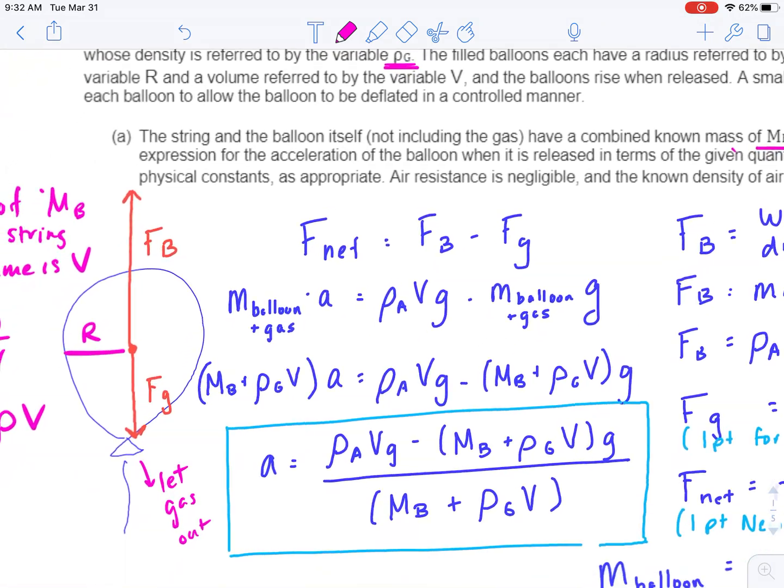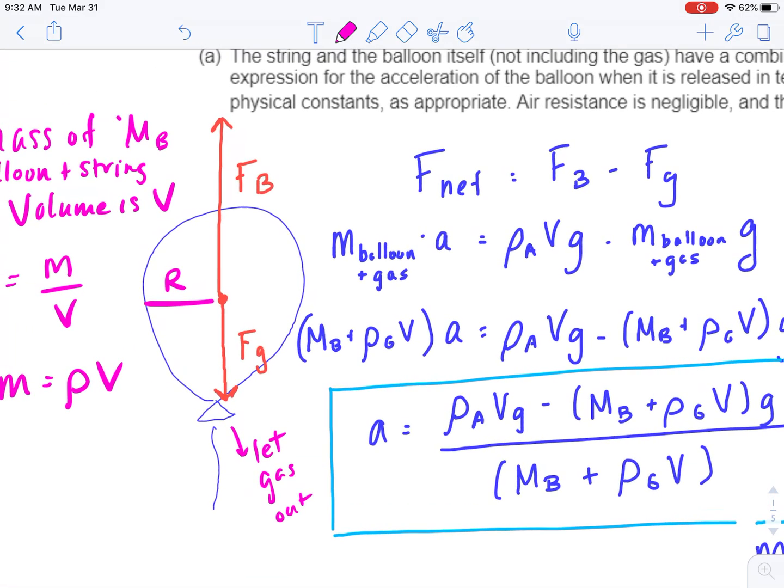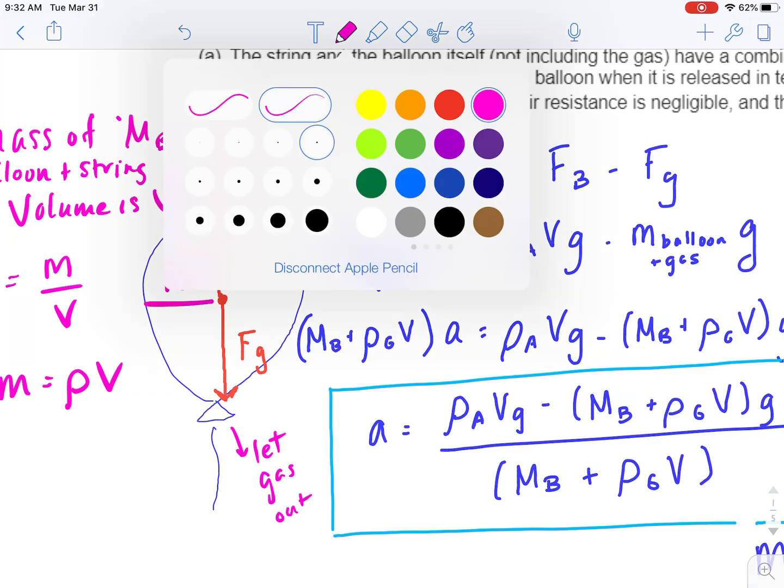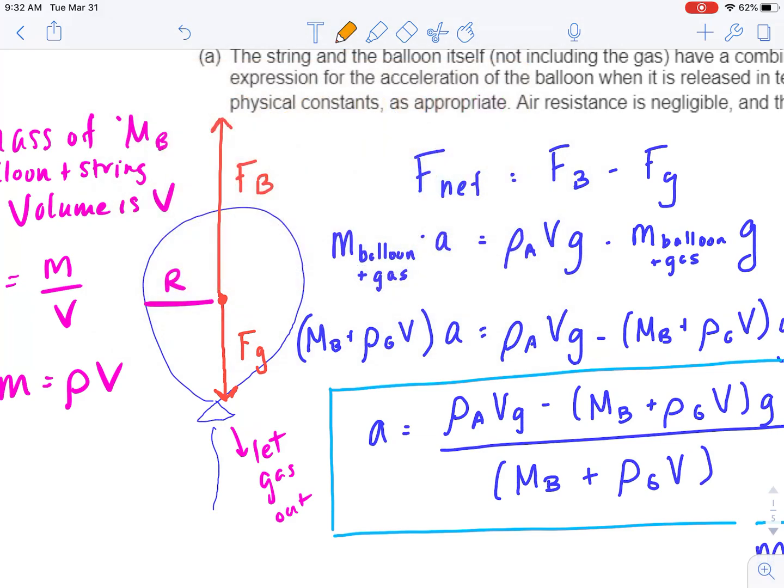So the first thing that I decided to do to solve this question was draw a force diagram. So I drew the balloon, and then I drew in 2 forces. I drew in the buoyant force, and the buoyant force is equal to the weight of the air displaced.